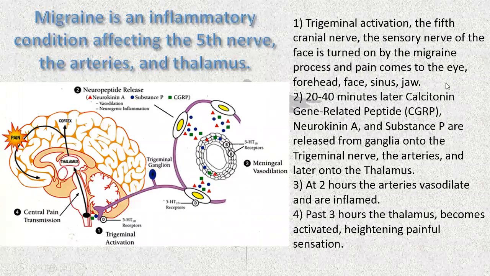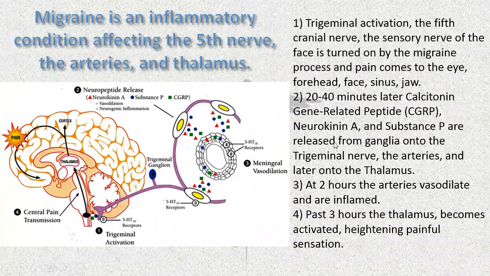One of the simplified views of what happens in migraine is that it's an inflammatory condition affecting the fifth cranial nerve and the arteries, and the reason that the pain gets so severe is that you get some amplification of that pain occurring at the level of the thalamus. And the thalamus is then amplifying that as a signal to your somatosensory cortex and so on.